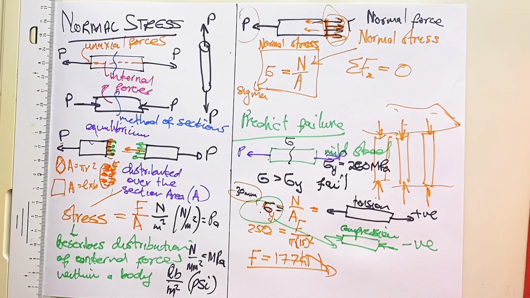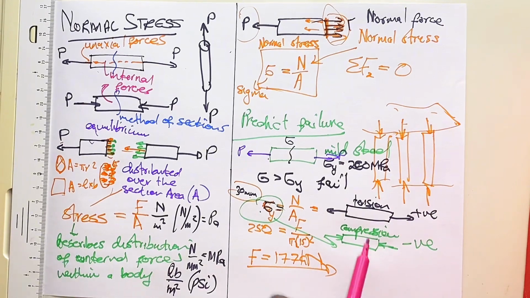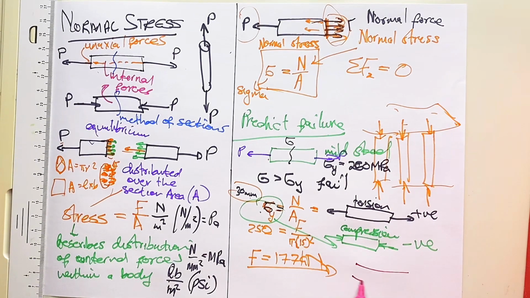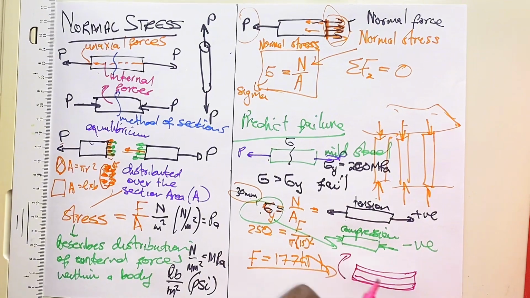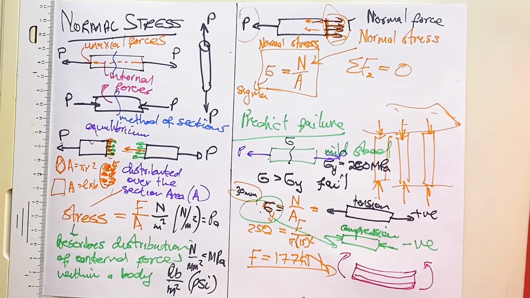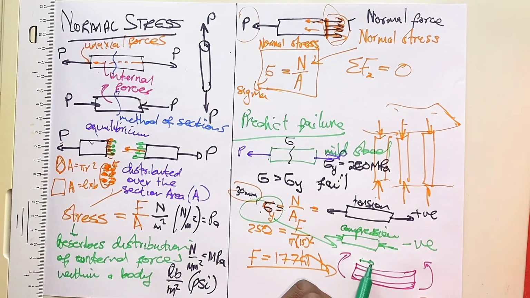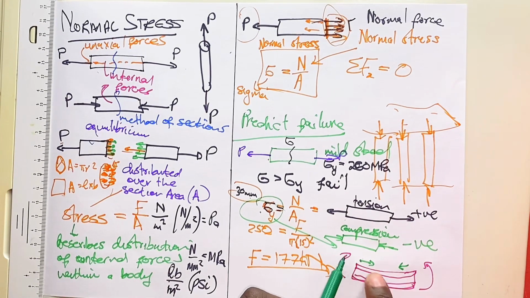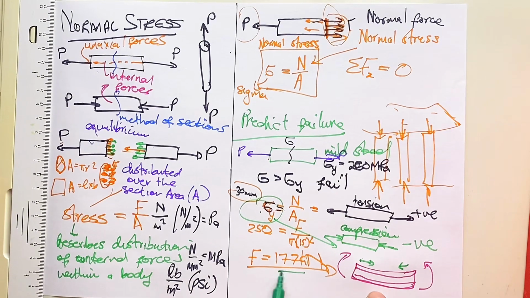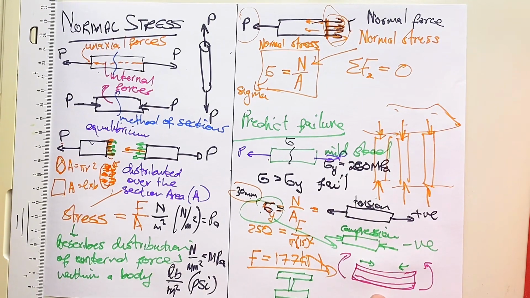Sometimes you have a beam, and that beam is curving, you have a moment on that side and a moment on that side. At the top here, your member will experience compressive forces. Suppose the cross-sectional area of your beam looks like this.